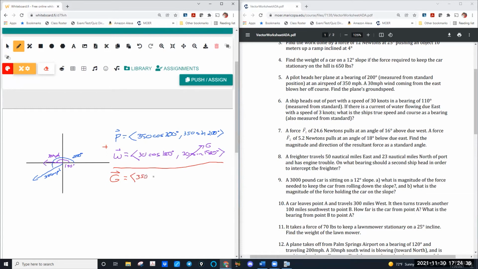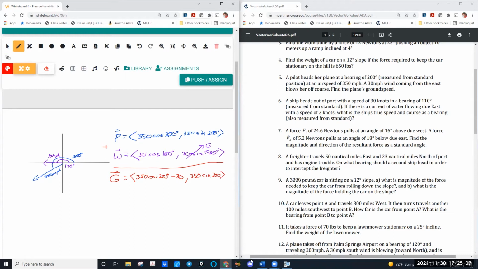So we have 350 cosine of 200 degrees minus 30. And over here for the j component, because we're adding 0, adding vectors, you just add the like components. One of the really nice things about vectors is how powerful they are, but how easy they are to use once you get a little used to them. So this is our vector in component form.